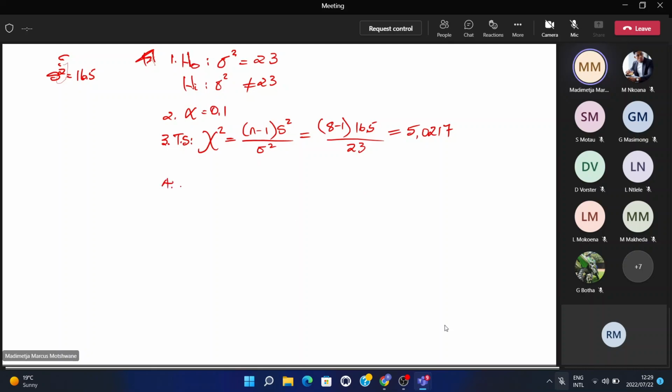Then as step number 4, because it is two-sided, it will be chi-square.